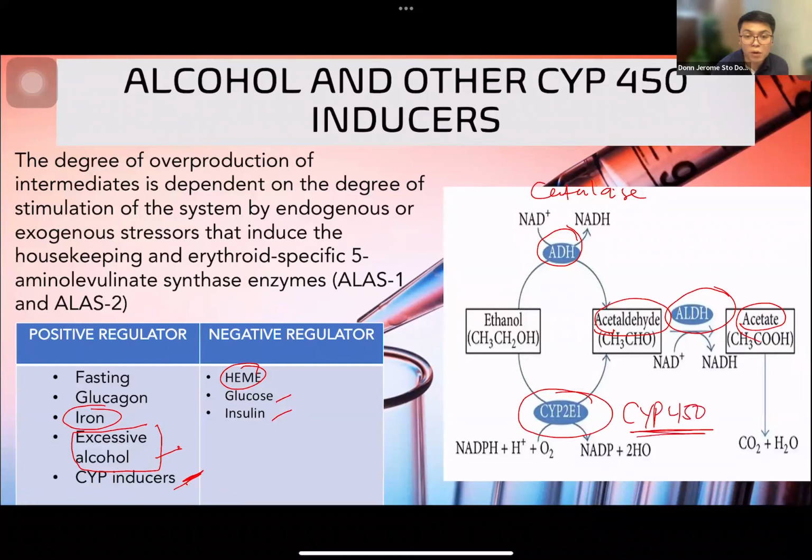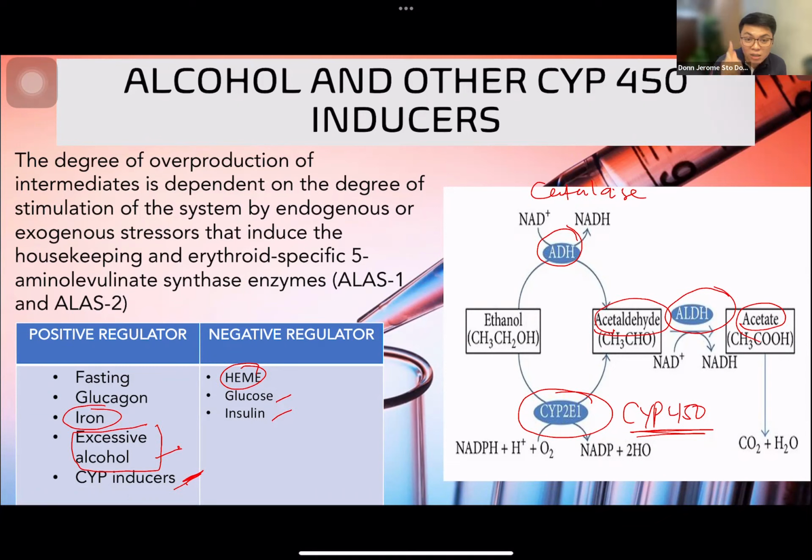Naalala niyo yung si cytochrome P450? What is cytochrome P450? Is it a heme protein? Yes, it is, di ba? Cytochrome P450 is one of the heme proteins together with your hemoglobin, myoglobin, catalase, yung mga pinag-discuss natin kanina. So it's a heme protein.